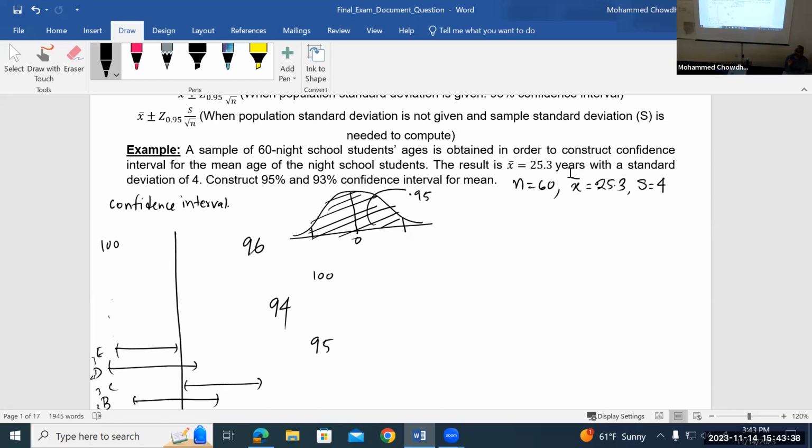Everyone ready? If this is 95%, how much is the red area? Now, the red part is what part?